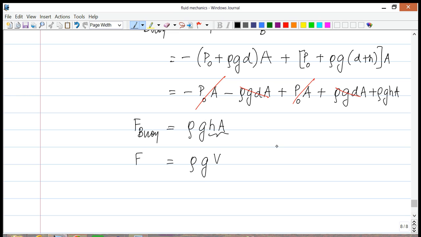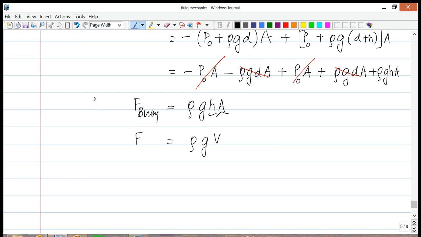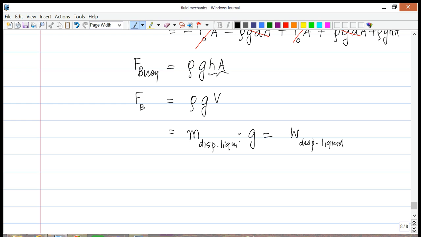So this V is the submerged volume, and now we have F buoyancy equal to rho g V. Rho times V is the mass of the displaced liquid, so it equals the mass of the displaced liquid times g, which is the weight of the displaced liquid. So this is basically a proof of Archimedes' principle, which tells me that FB is equal to this.